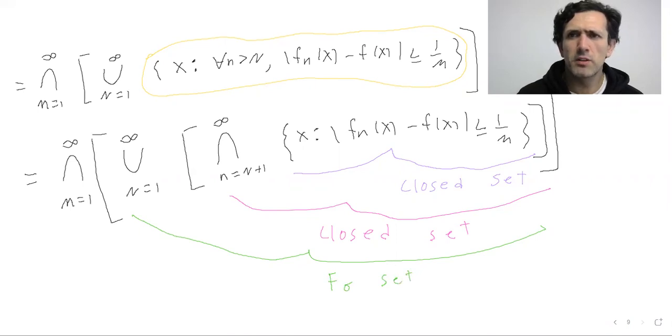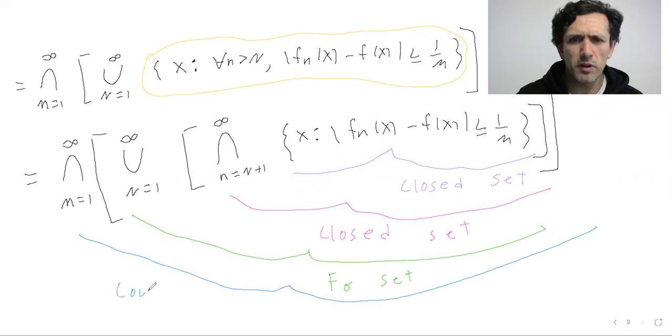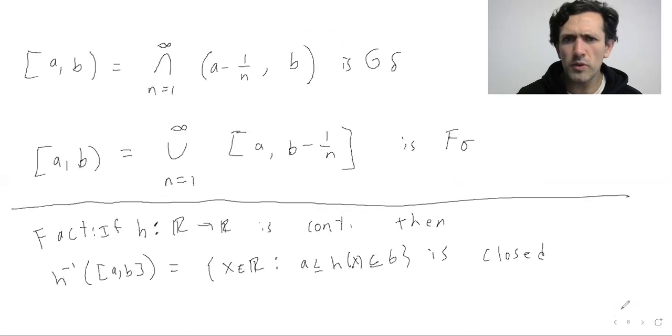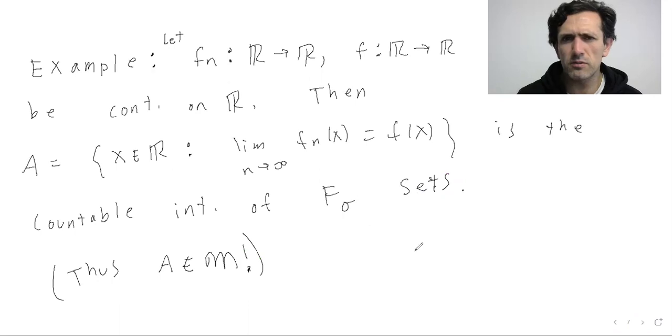So finally, this whole thing is the countable intersection of F sigma sets. So this rather innocent looking set here is the countable intersection of F sigma sets.